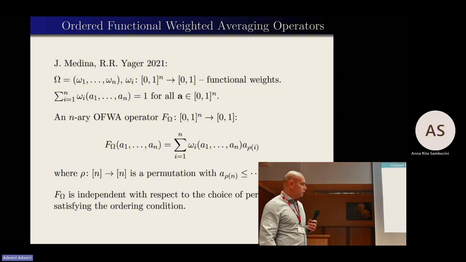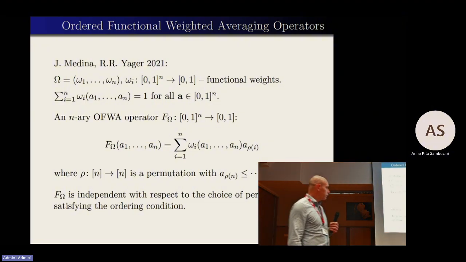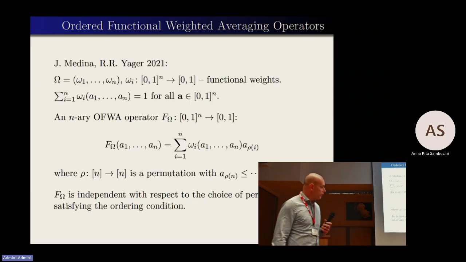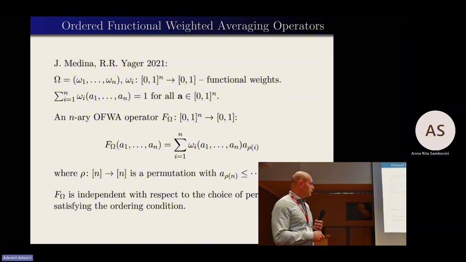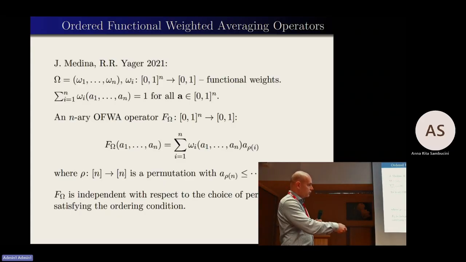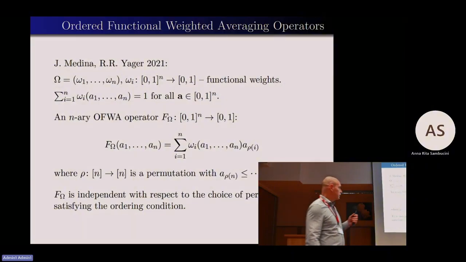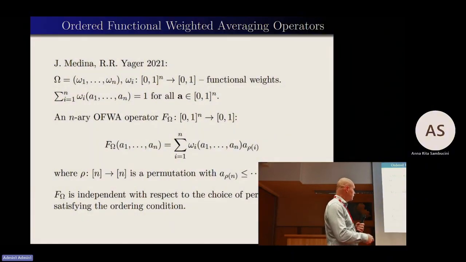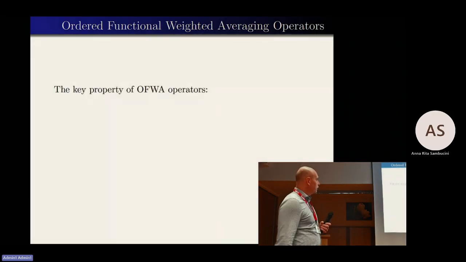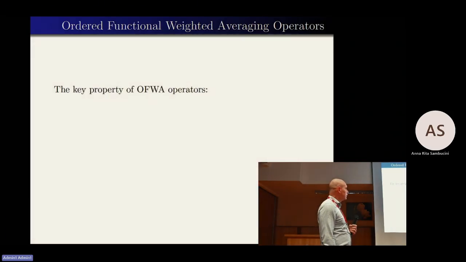What is important is that, similarly as in the case of OWA operators, this definition is independent of the choice of permutation. Yes, we can have several permutations with the corresponding ordering, but this does not affect the result. So this is well defined. Okay, what is the key property of these functional operators?